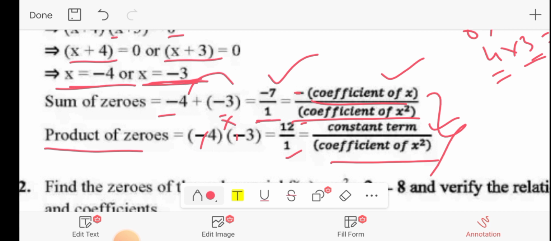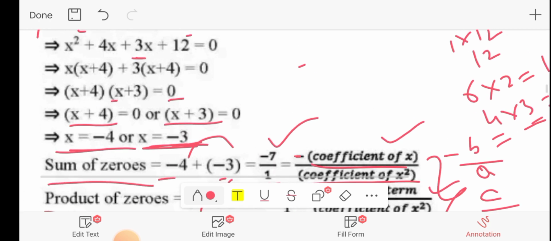So what's the relation? If we find the sum of the zeros, that will be equal to minus the coefficient of x upon the coefficient of x square. Coefficient of x, what do we call it? B. Coefficient of x square we call A. Correct? And product of the zeros, if you multiply two zeros of any polynomial, not only this polynomial, it is equal to the constant term upon the coefficient of x square. What's the constant term here?